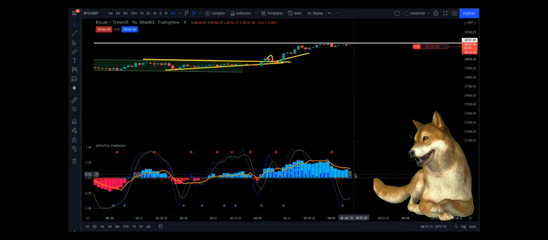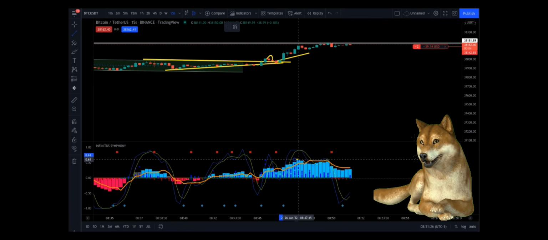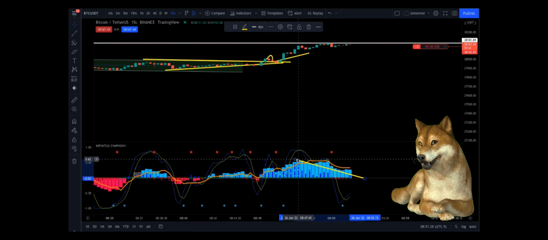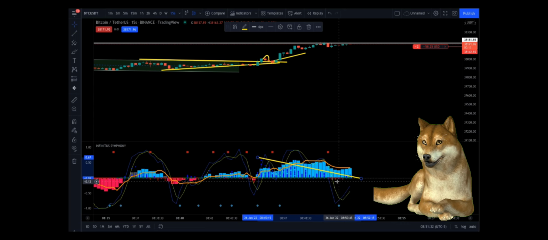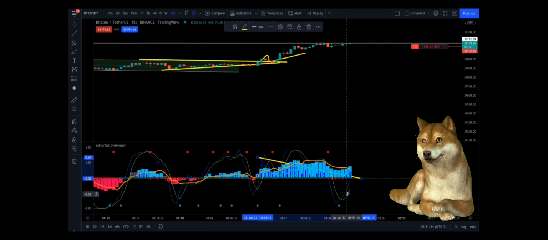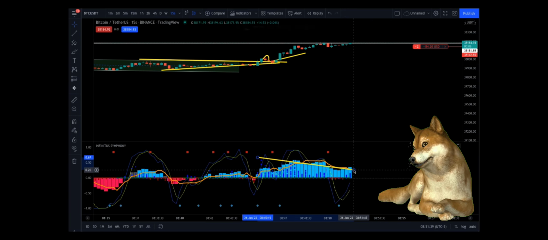Okay, so it looks like same as back there, interest is decreasing. We can see how it's going down. RSI is going to be oversold, but it's swooping back up. Maybe we made a wrong call.